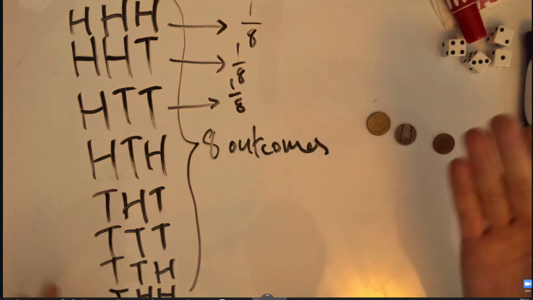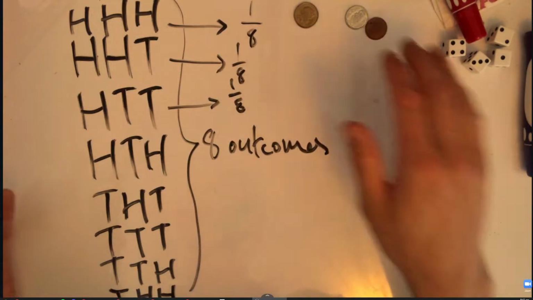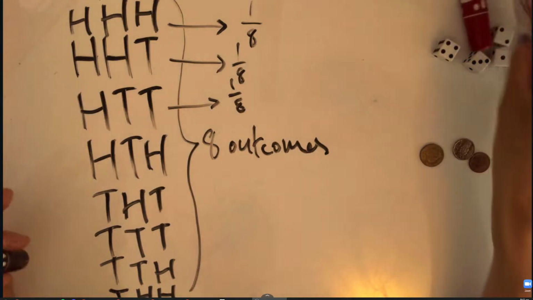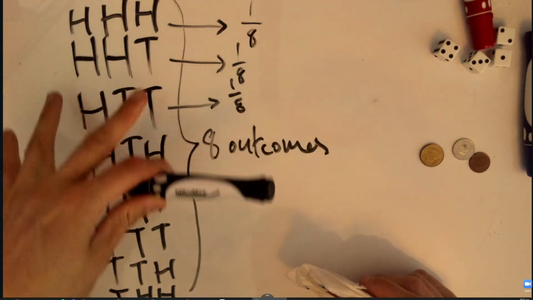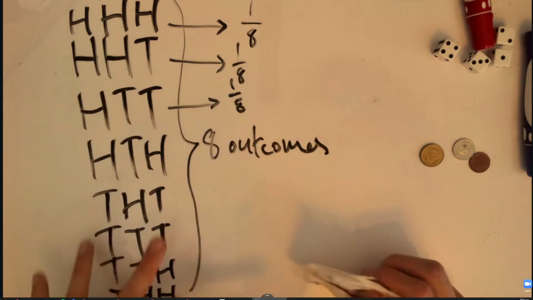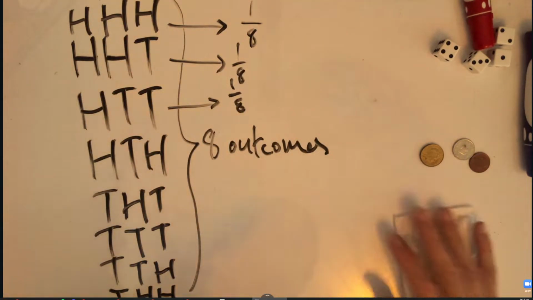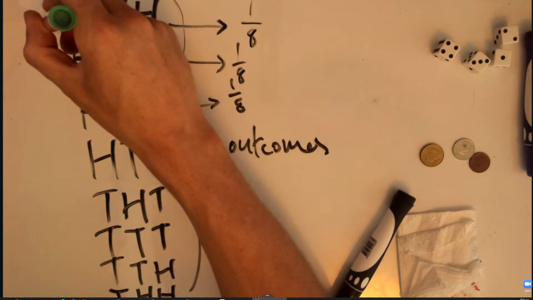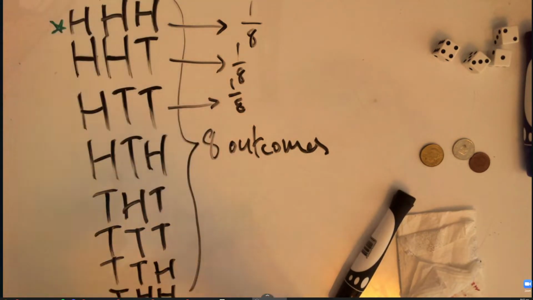So how do we build a distribution out of this though? What we can do is stop worrying about the order in which they occur. Let's do some counts. How many times does heads, heads, heads occur? Only 1 time.